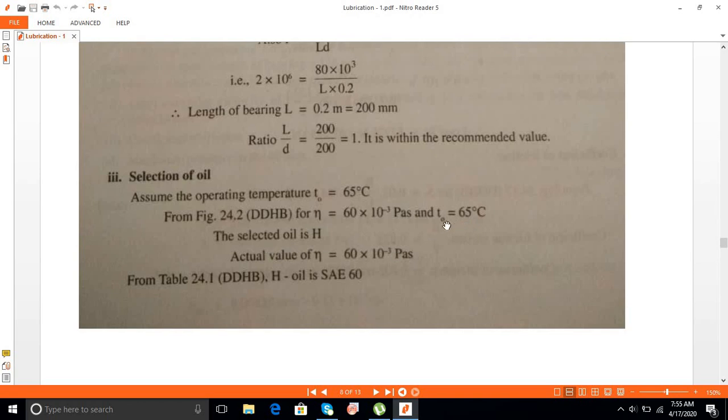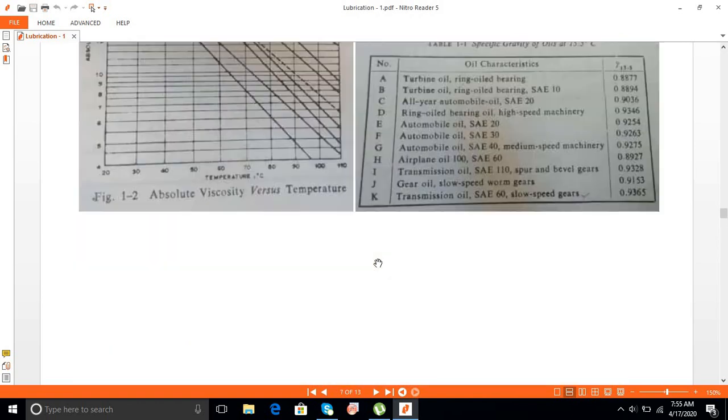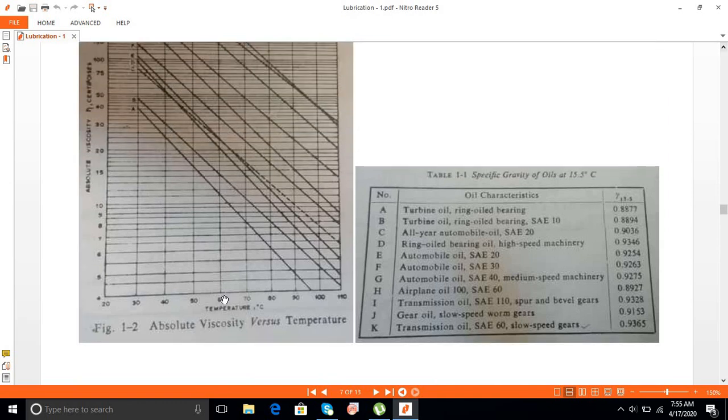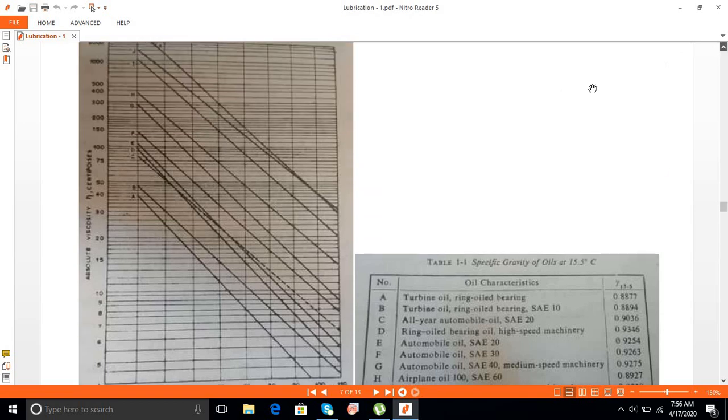So by looking into T0, which is considered as 65 degrees Celsius, from the handbook, 65 degrees Celsius with respect to 60 centipoise. So here is 50, 55, 60. This is the line which touches.